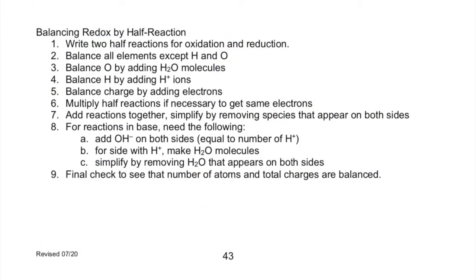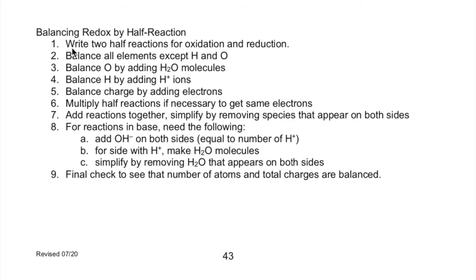Since we are talking about oxidation and reduction as part of reactions in this chapter, we are also going to learn how to balance an oxidation-reduction reaction, also called a redox reaction, by the half reaction method. It's a little bit intimidating at first, but if you do some practice, it's kind of an interesting process.